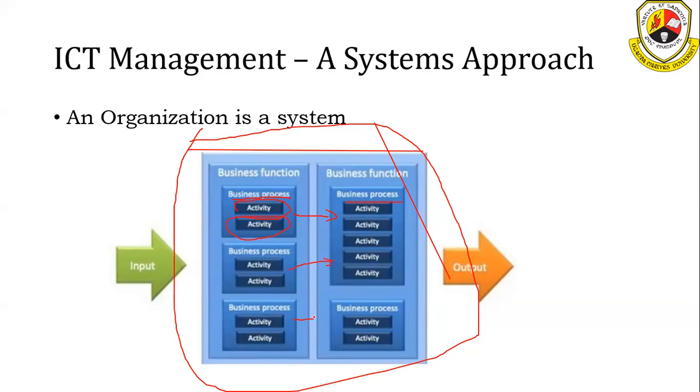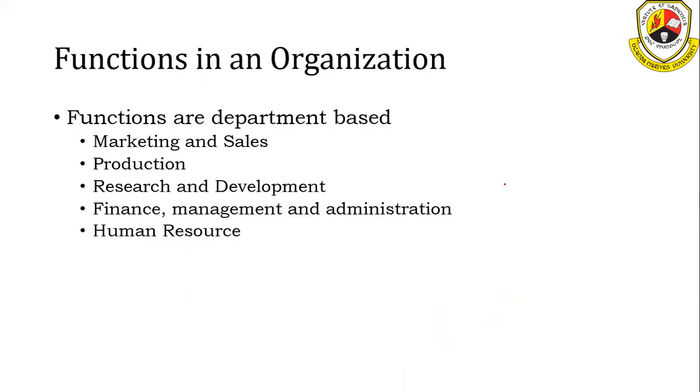So you have inputs, and then you have the final output, which is the product or service. Again, just to reiterate, we are thinking of the different departments as the components: sales, production, research and development, finance, human resource. So this is a generic structure for any organization that we can think of.